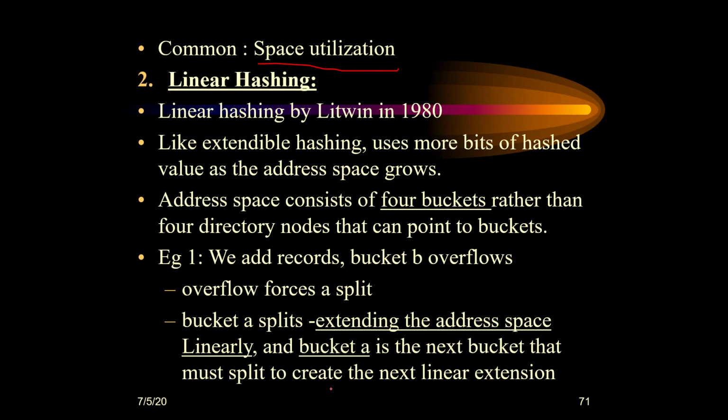Consider that I have an overflow in bucket B, but I have buckets A, B, C, D in a series. Even if bucket B overflows, bucket A will be the first one to be extended, and it is bucket A which shares the overflowed records. We'll see with an example so it is much more understandable.